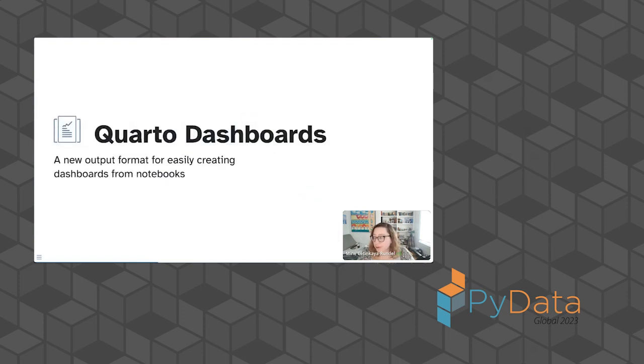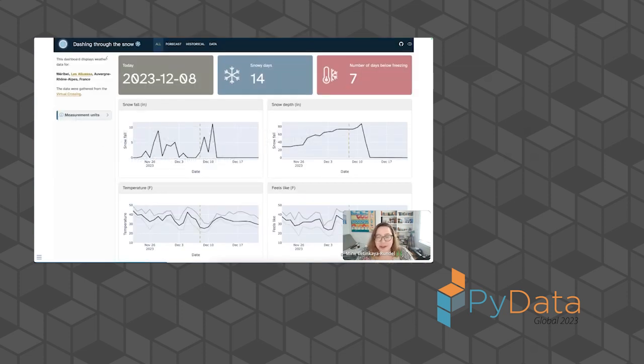So let's take a look at some Quarto dashboards. This is a dashboard that we're going to come back to one more time today and go a little bit deeper into. Some things that you can see here are that we have some value boxes on top, and each of our visualizations is highlighted in these cards. And you'll be able to see in a little bit that I'm not explicitly creating all of these cards.